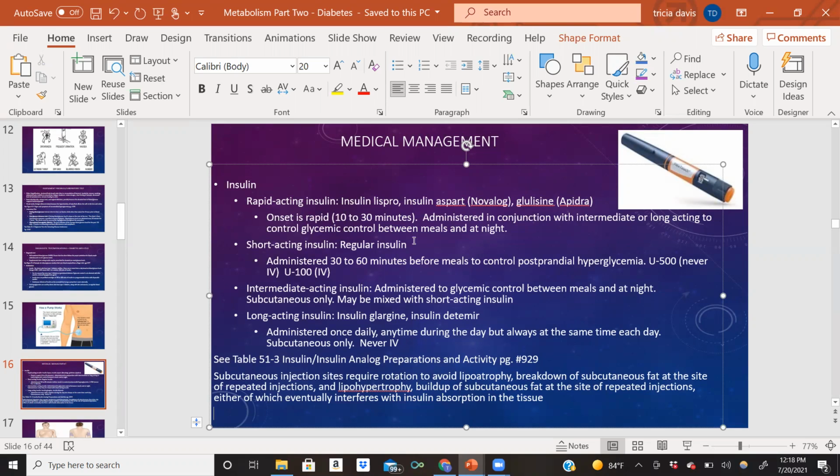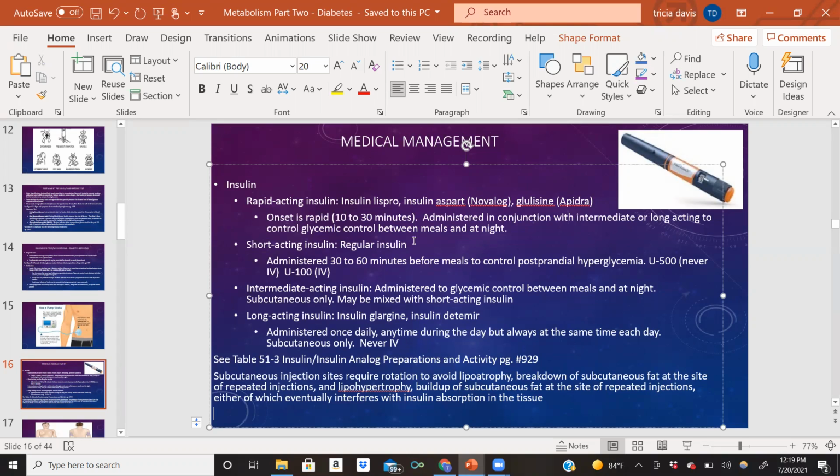When the patients are in the hospital, the nurse or the tech is going to go in before breakfast, before lunch, and before dinner, and check that blood glucose level. Then they would administer sliding scale coverage based upon that blood glucose level. Whether the patient was eating or not is usually how the order goes in.